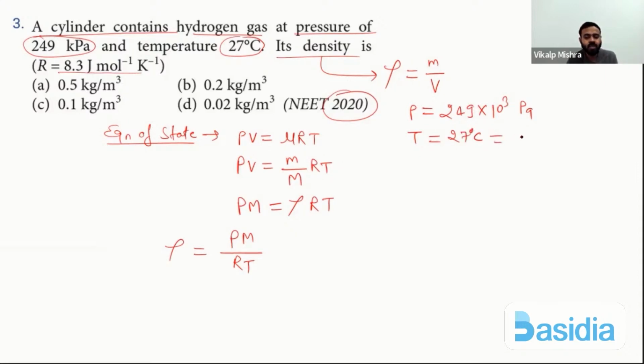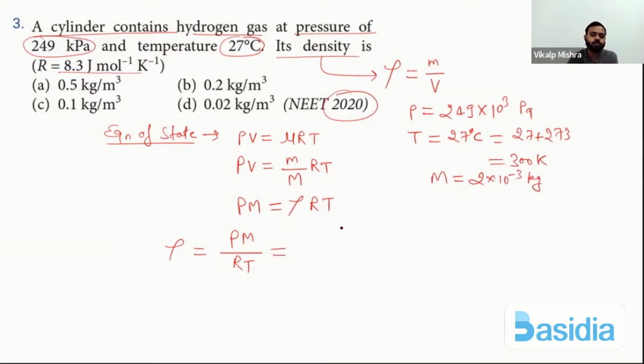So how will we change 27 degrees Celsius to Kelvin? 27 plus 273, and that is 300 Kelvin. Okay. And what is molar mass? Molar mass of hydrogen is 2, so 2 into 10 to the power minus 3 kilogram.